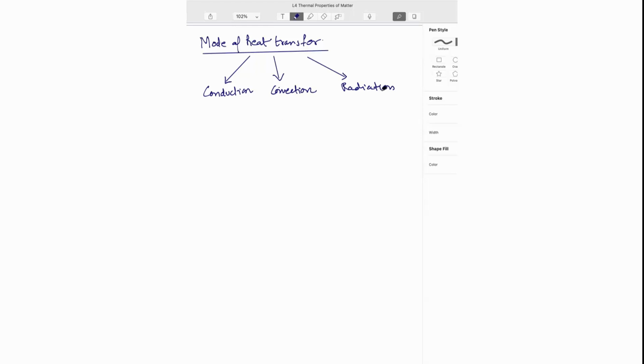So in conduction, consider this box as a solid where there is a tight packing of molecules.